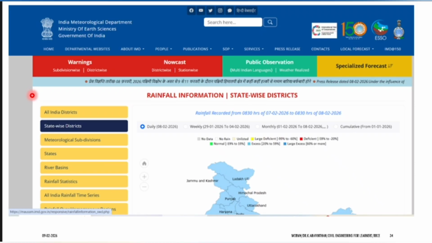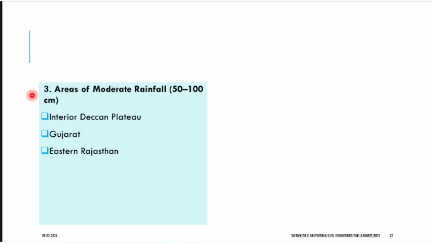They give rainfall statistics state wise and district wise. Today there is no rainfall throughout Karnataka; I have checked it today. Like that you can visit this website, the Indian Meteorological Department.